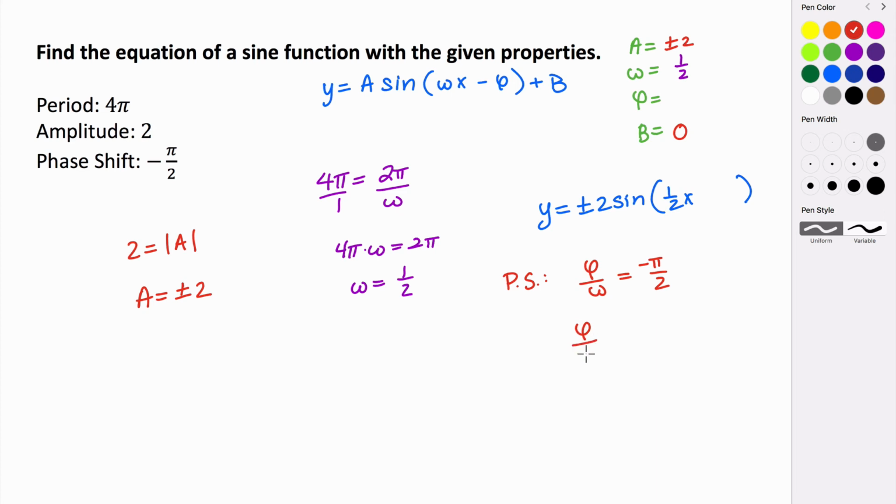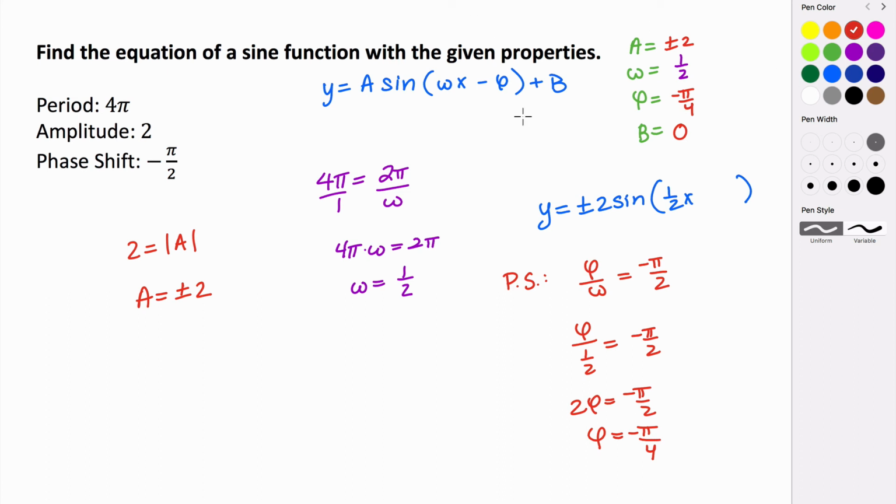So phi divided by 1/2 is equal to negative pi over 2. When you're dividing by a fraction, you can multiply by the reciprocal. So we end up with 2 phi equals negative pi over 2. Divide by 2 or multiply by 1/2, and we get that phi is negative pi over 4. So negative pi over 4.